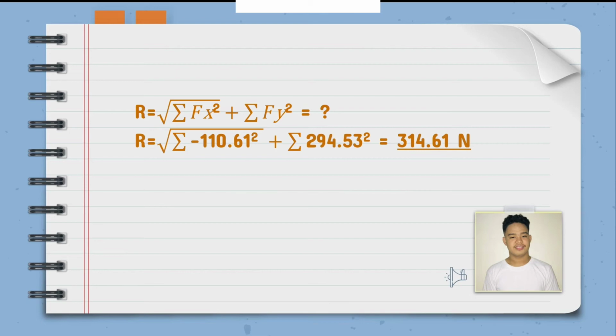We will get the tangent of A. The formula for this is Fx divided by Fy, and we will get 8.03 degrees.